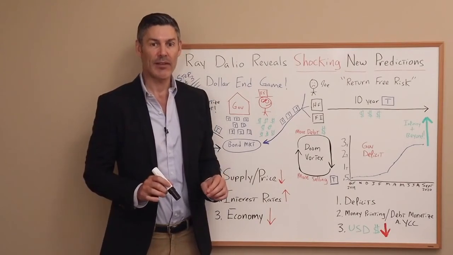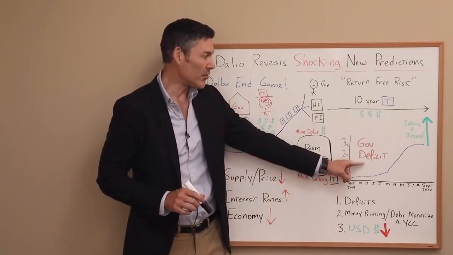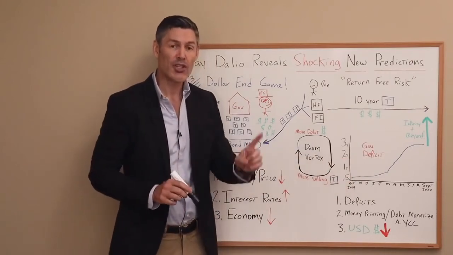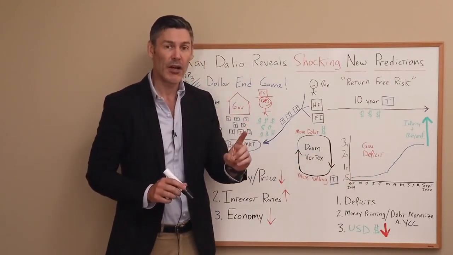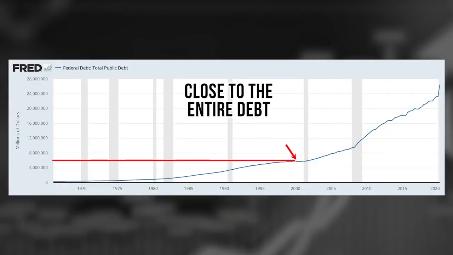Just to give you some context, the deficit that the government will run in 2020 alone, just for this 1 year, is going to be close to the entire amount of debt the government accumulated from 1776 to the year 2000. Let that sink in a bit.